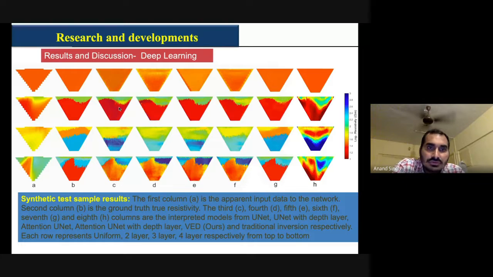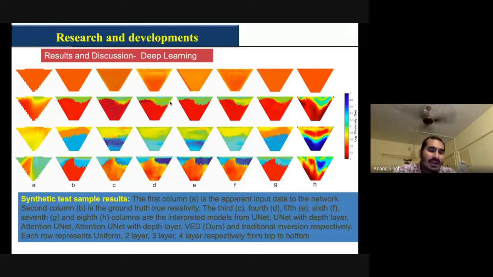Now the U-Net architecture has given a pretty good model, but it is somewhat blurry, and it is trying to produce a third layer. The U-Net with the depth layer provides it a little bit.